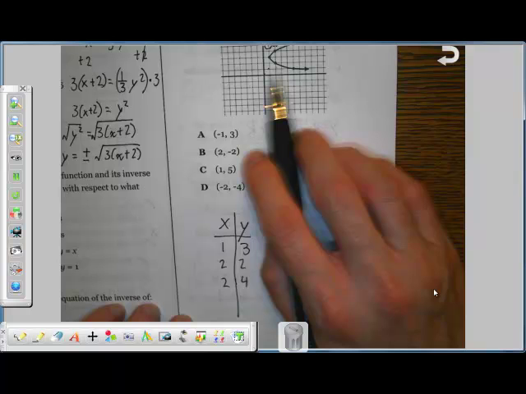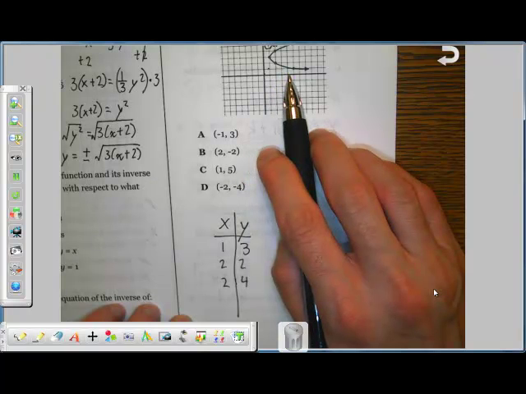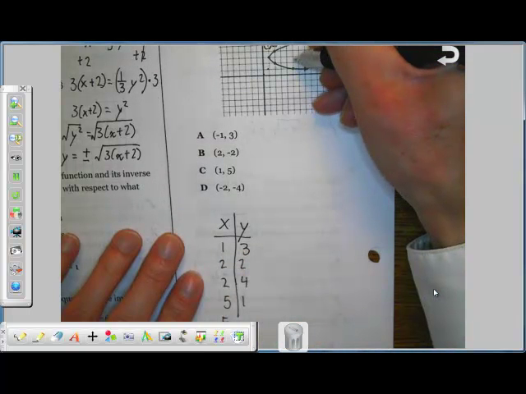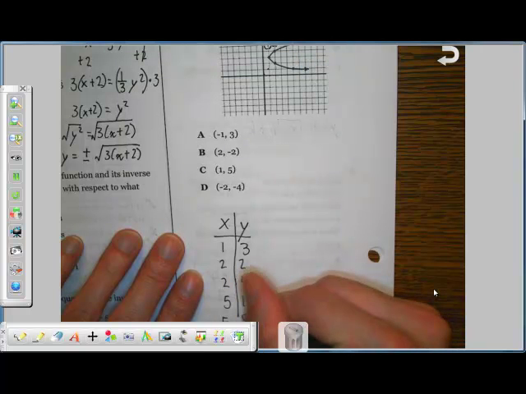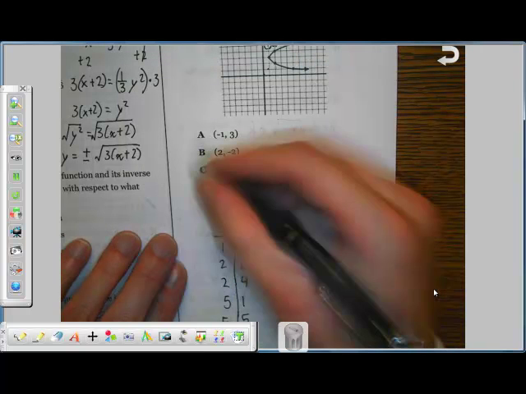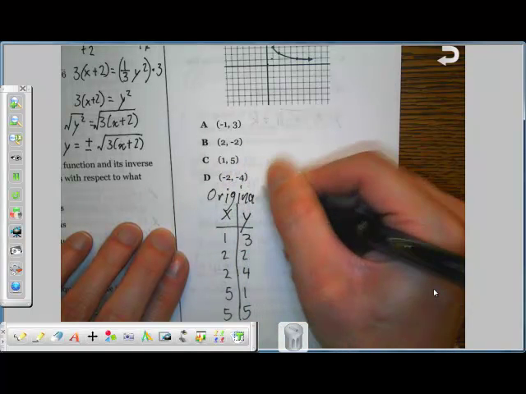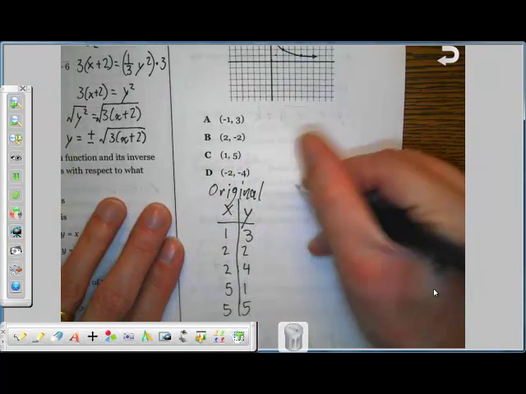You next had 1, 5. And you had 5, 5. Okay. So that's your original. Okay, now let's take a look at the inverse.